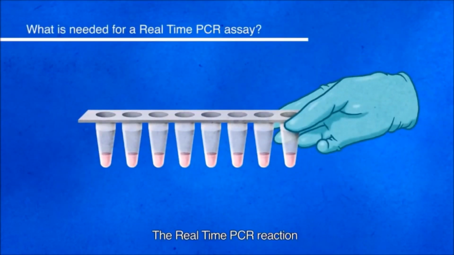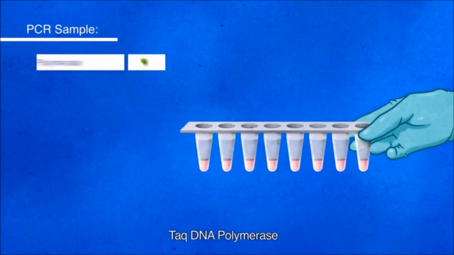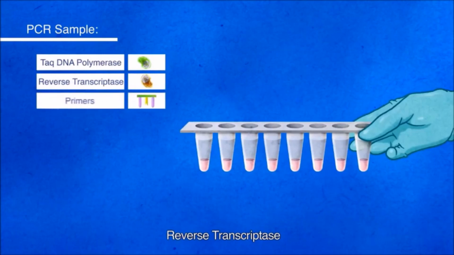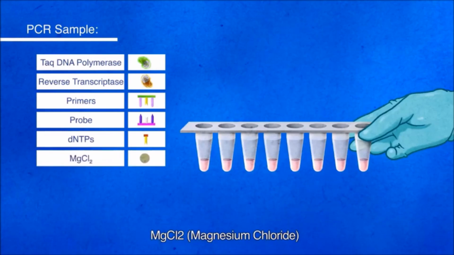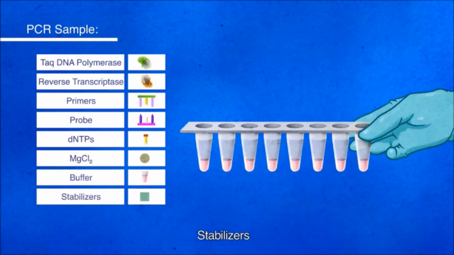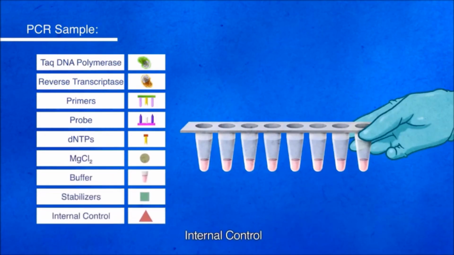The real-time PCR reaction requires the following components: Taq DNA polymerase, reverse transcriptase, primers, probe, dNTPs, MgCl2, magnesium chloride, buffer, stabilizers, internal control.